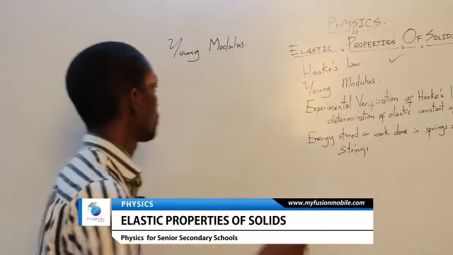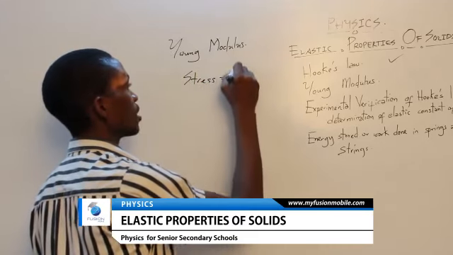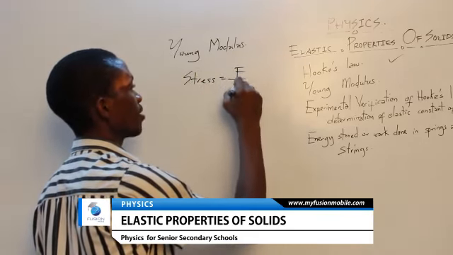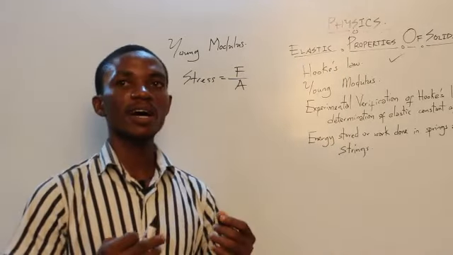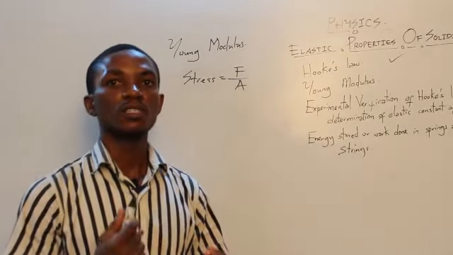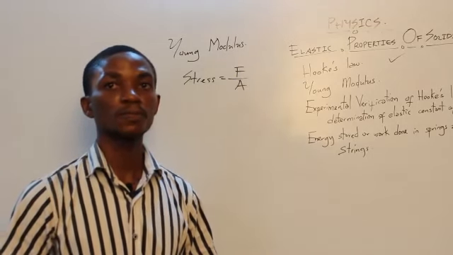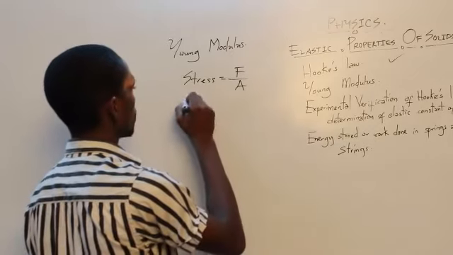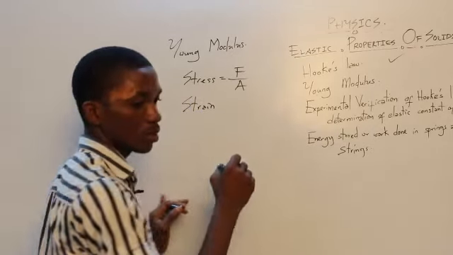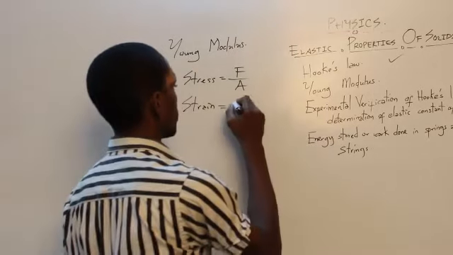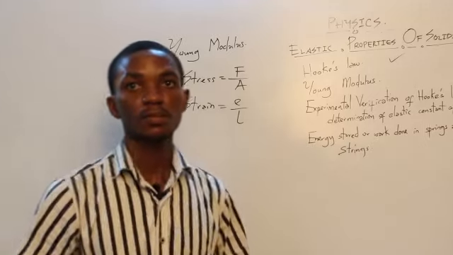In other words, stress is the force applied divided by the area, that is the amount of pressure. And the area here is the cross-sectional area of the spring. And strain is the extension divided by the original length.